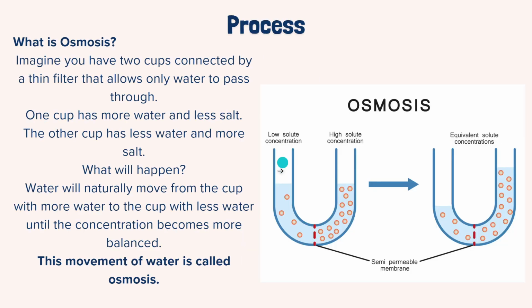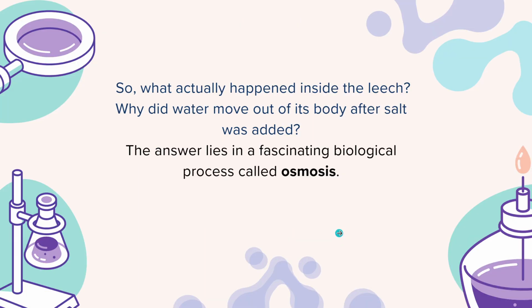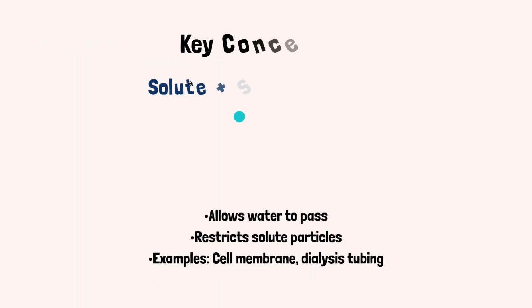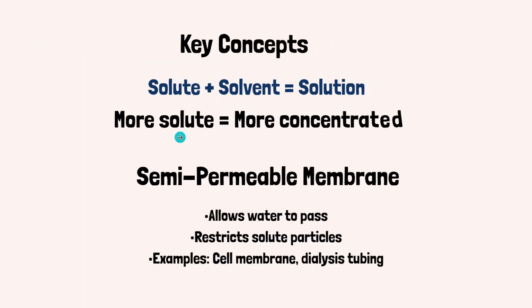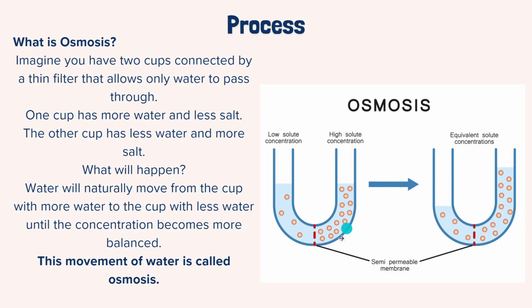If we go back, the salt particles were fewer on this side and more on this side. So this side has low concentration. Concentration depends on the amount of solute particles in a solution, right? If there is more solute, the solution is more concentrated. So this solution is more concentrated, and this solution is less concentrated because it has less solute.